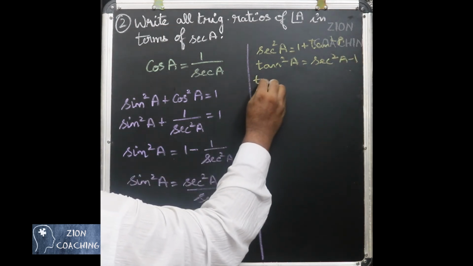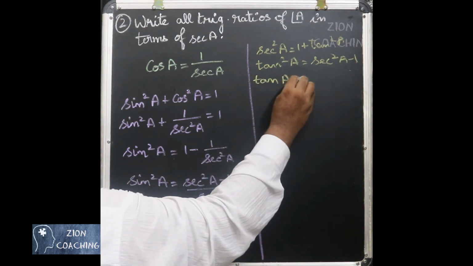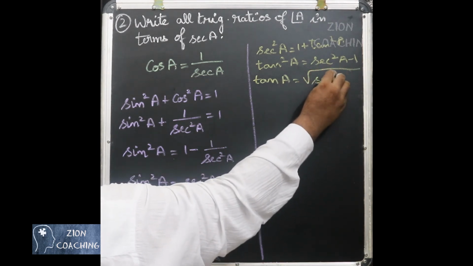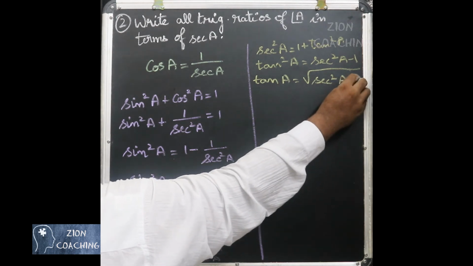Then tan A will be equal to square root of secant squared A minus 1.